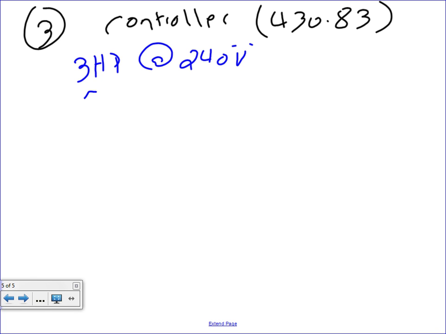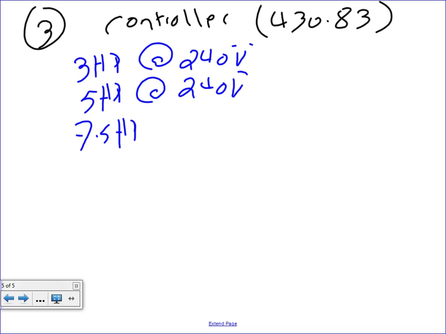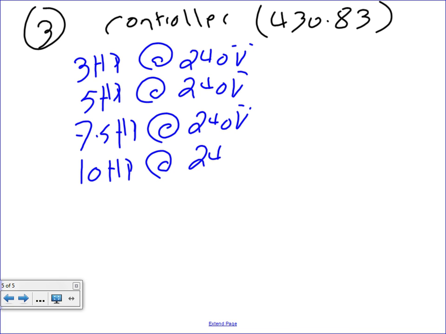The second one is 5 horsepower at 240 volt. The third one is 7.5 horsepower at 240 volt. And the fourth one is 10 horsepower at 240 volt.